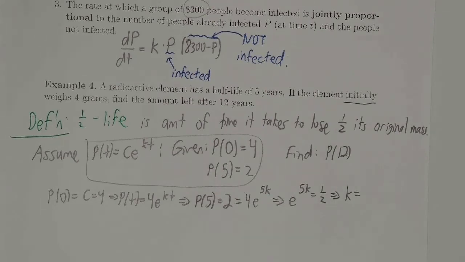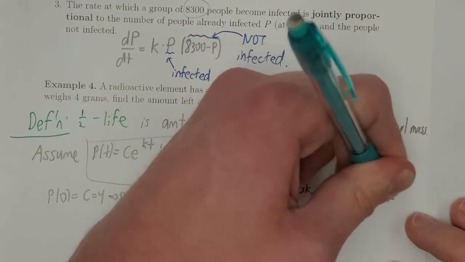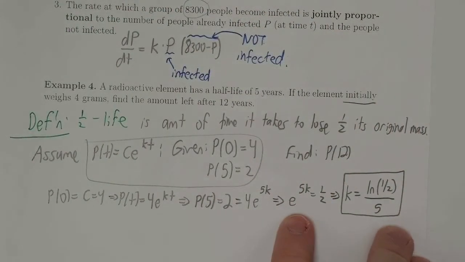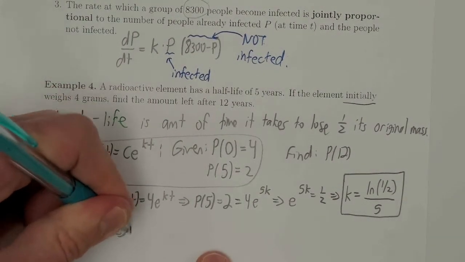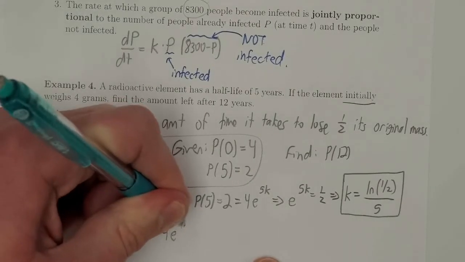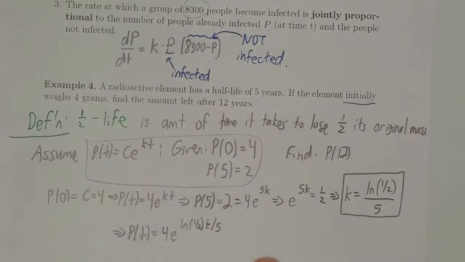Go ahead. Yep, it's natural log 1/2 over 5. Okay, good. So that's just a quick bit of algebra. Take natural log of both sides, and then divide by 5, and there you go. So from there, we should be able to get at the end of the day that P of t is then 4 times e to the natural log of 1/2 times t over 5.